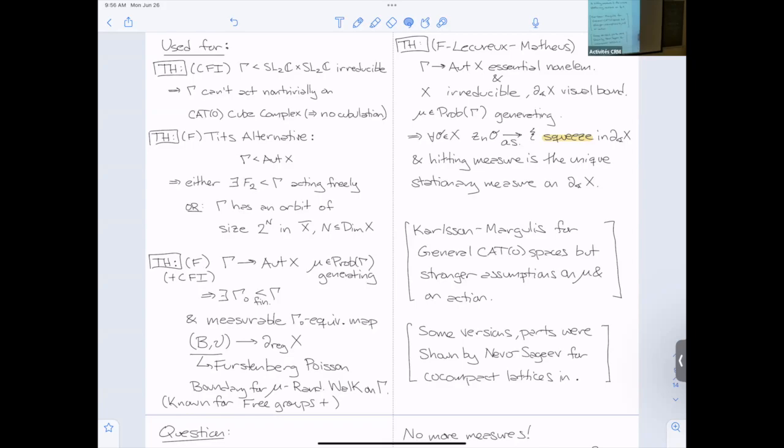Right. So this was previously known for free groups and perhaps some additional examples. This finite index subgroup essentially corresponds to the possibility that you have a finite orbit, and so you'll have to pass to a finite index subgroup maybe to go to a fixed point.